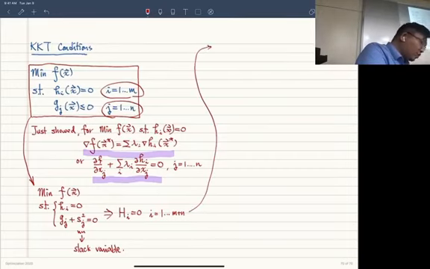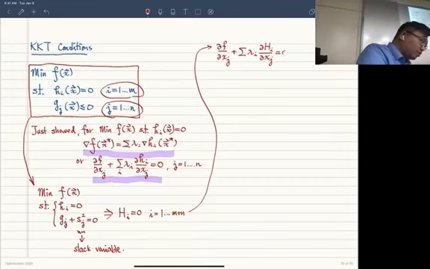we now have gradient f, partial f partial xj, plus summation on i of lambda i, and over here I have partial capital Hi over partial xj.